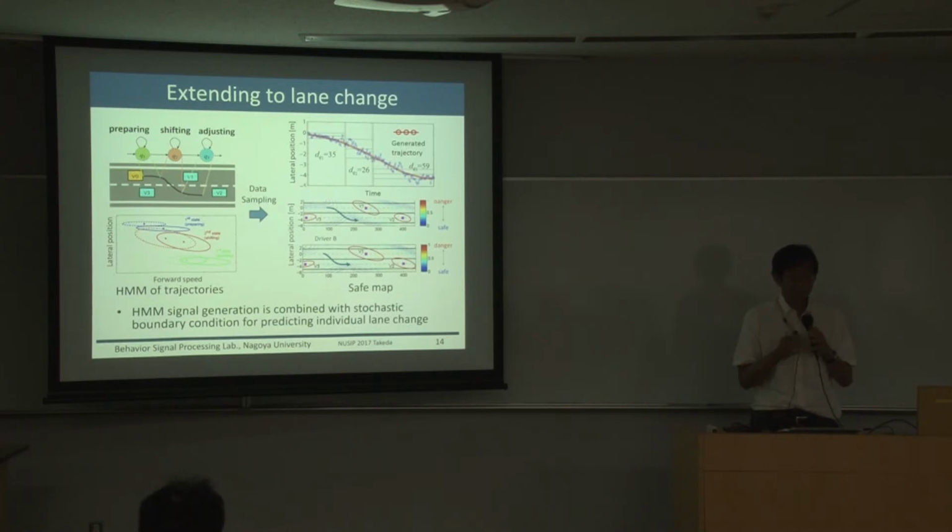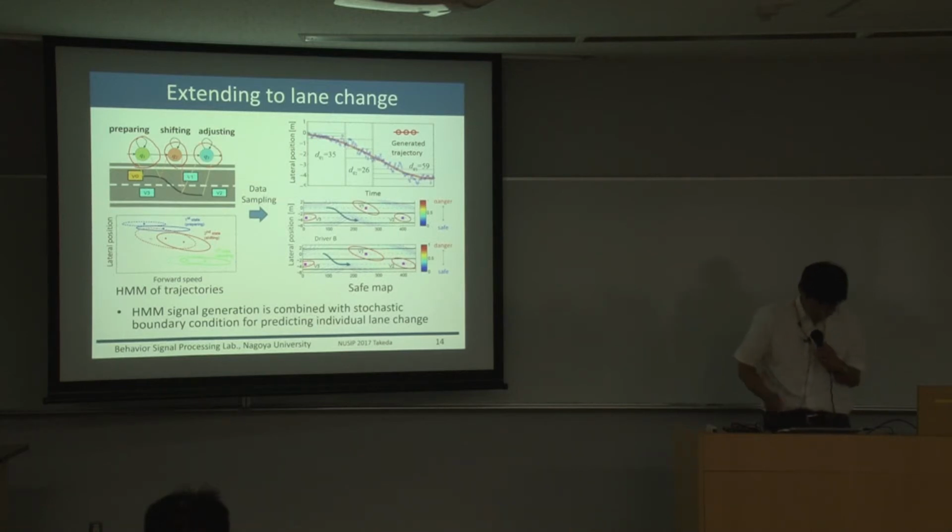In that model, we cannot observe the state sequence itself from the observation, but we can guess the transitional property from the data. So finally, we could train the data distribution for each of the three states, like this.